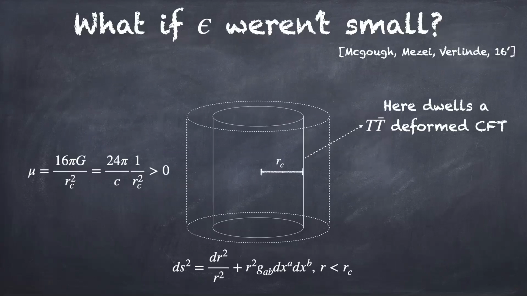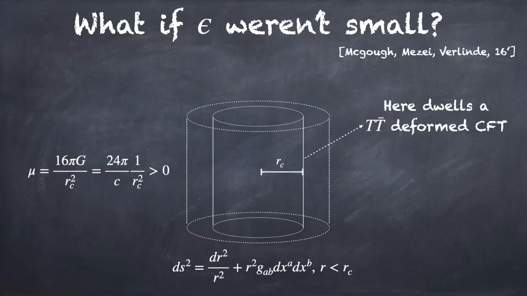The context we're interested in is the one where epsilon isn't necessarily small. For many questions of interest in quantum gravity, we would like to understand how to move into the bulk. In particular, it would be interesting to understand what sort of quantum field theory is due to the gravitational physics of some finite spacetime volume.